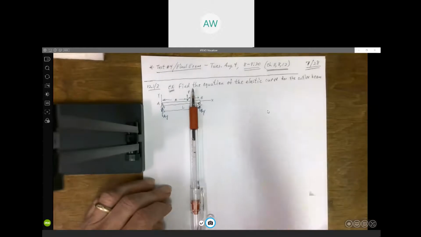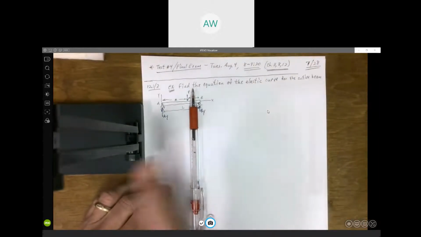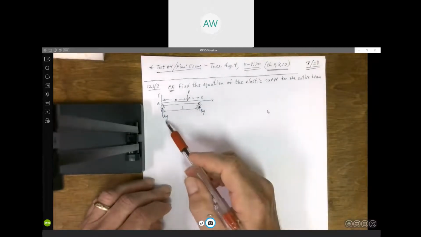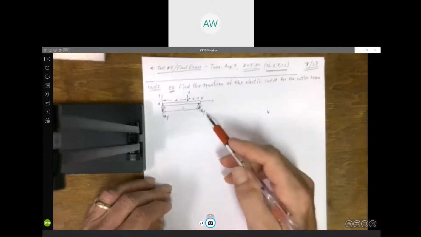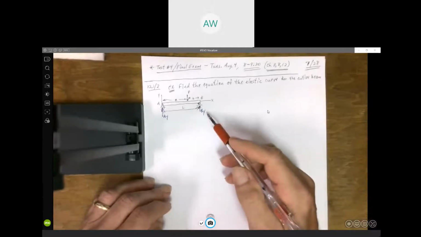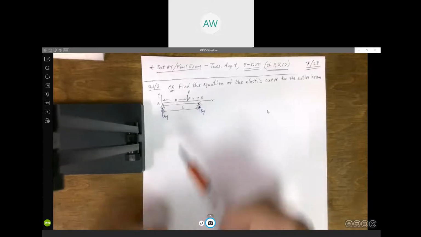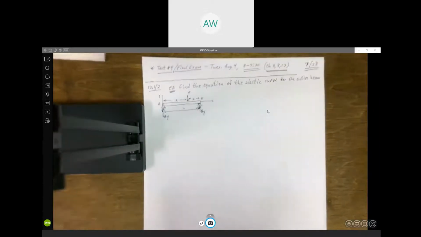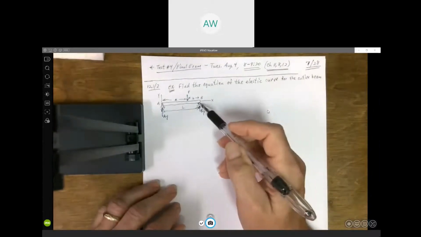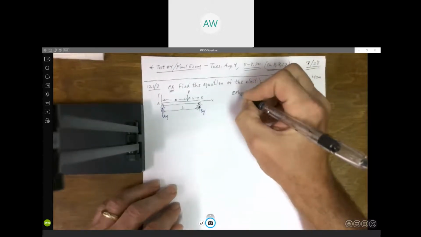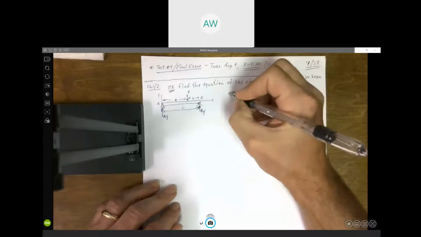Now, I'm thinking ahead, and when I cut this, I'm going to look at the left side. So in doing so, I will definitely need to know what AY is, but I don't need to know what BY is. So I'm going to save myself a little bit of work, and I'm just going to calculate what AY is. The easiest way to do that would be to sum the moments about B. So if we sum the moments about B, it's got to be 0.